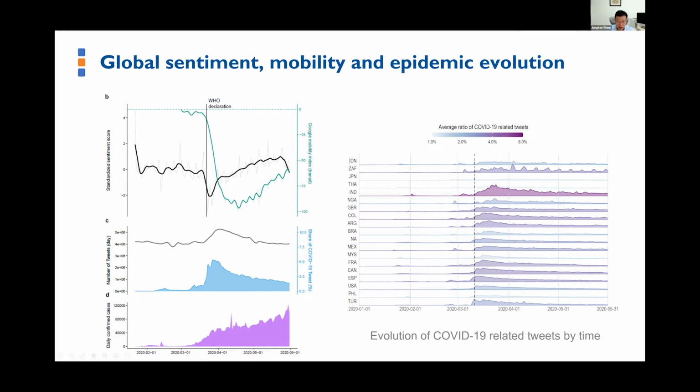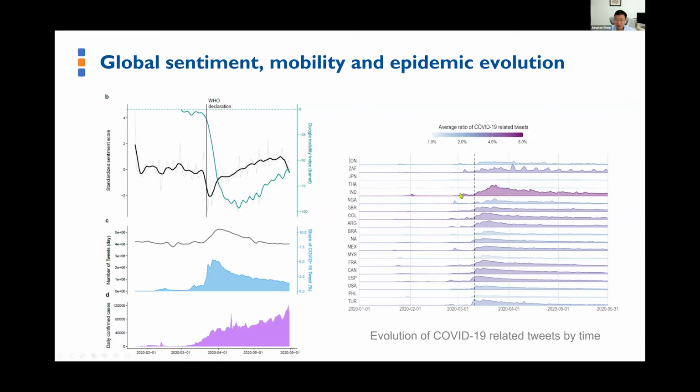The evolution of COVID-related tweets is very interesting. After WHO announced the first case coming to a country, the topic of COVID significantly increased, especially in India.